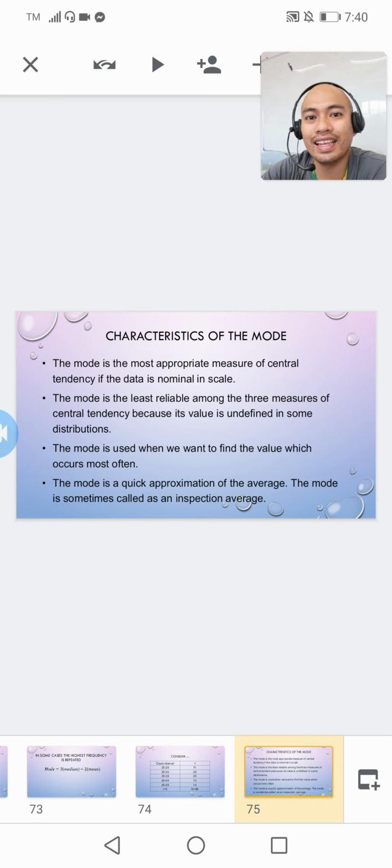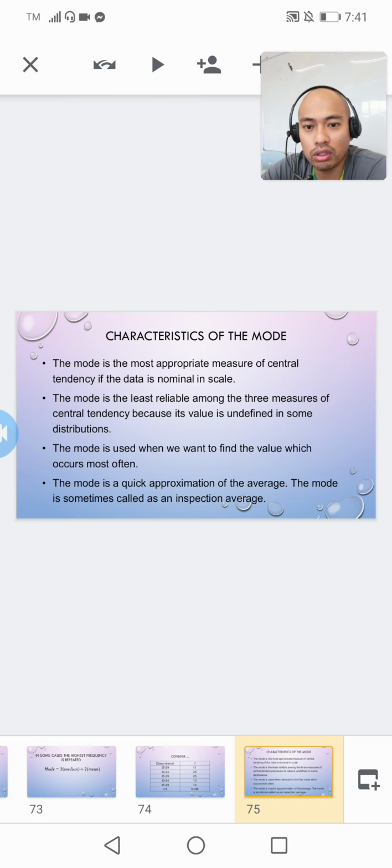The mode is considered to be the least reliable among the 3 measures of central tendency because its value is not always defined in some distributions. The mode is used when we want to find out which occurs most often. If that is your target, if that is your objective, to be able to find out which among these values occurs most often, so yung mode ang pinaka-appropriate sa kanilang tatlo.